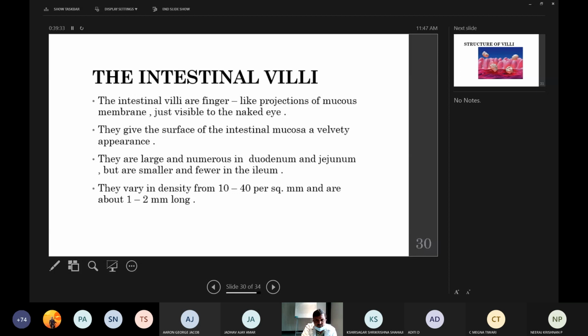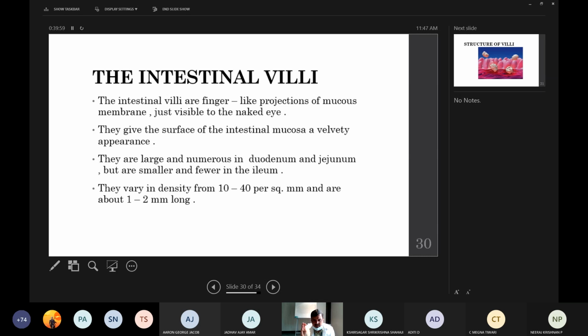Intestinal villi are finger-like projections of the mucous membrane, just visible to the naked eye. Because of the villi, the surface of the intestinal mucosa has a velvety appearance.